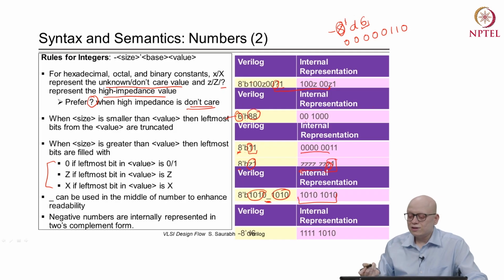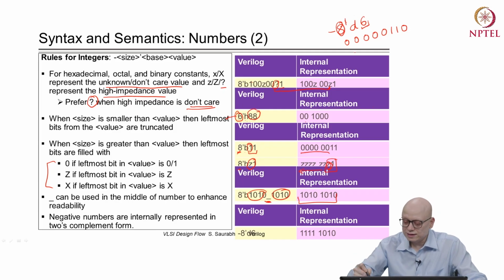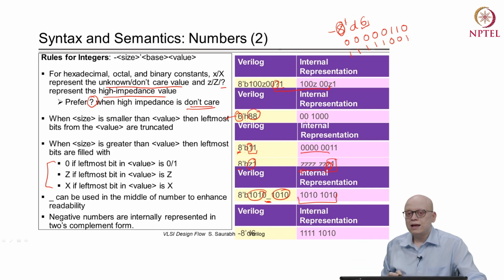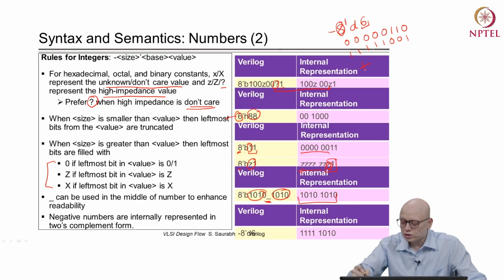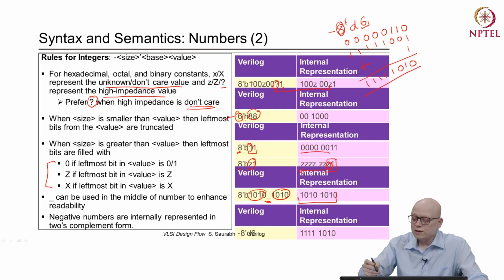Then we take the ones complement, that is 11111001, and then add 1 to it. So, it becomes 11111010. This is the internal representation of minus 8'd6.